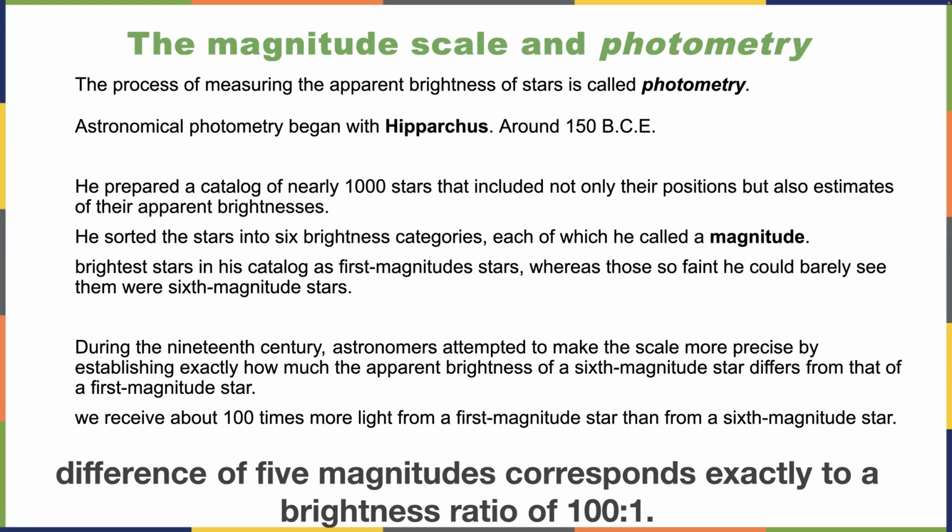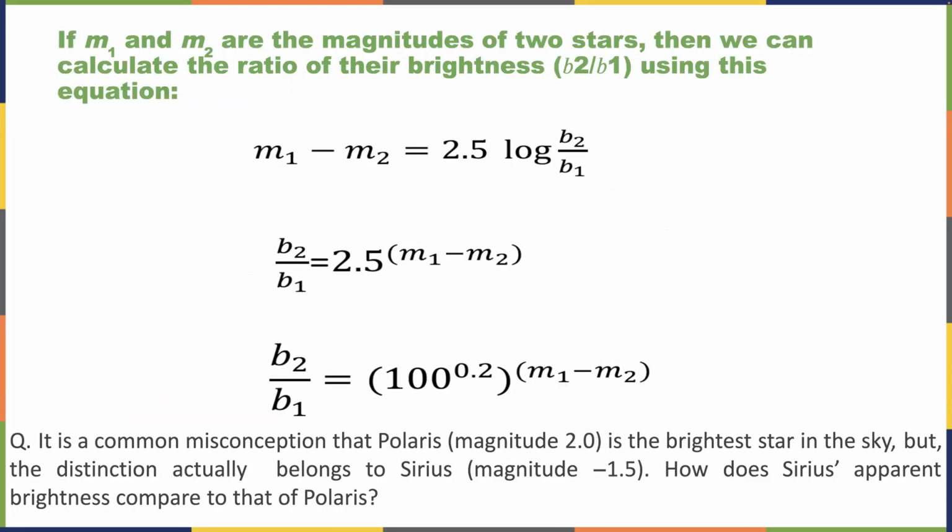So based on this information, they have this equation at the end. If M1 and M2 are the magnitudes of two stars, then we can calculate the ratio of their brightness using this equation, right? This is based on the previous fact. So the difference of the magnitudes will be equal to 2.5 times log B2 over B1, right?